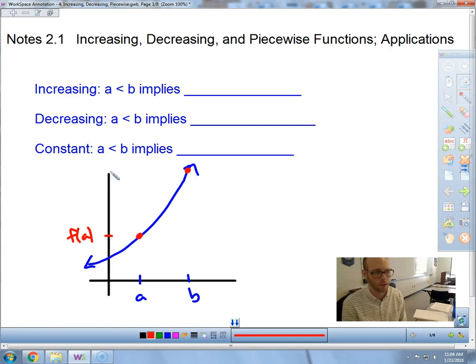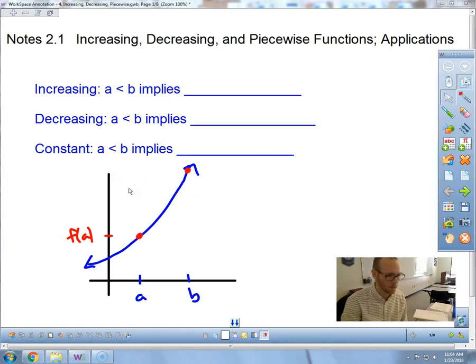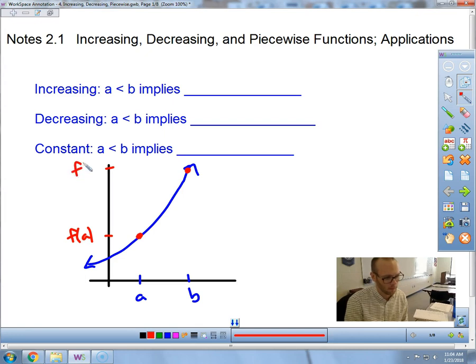Right up here, what's the y value there? I could extend this out maybe a little bit longer or slide this up. That's f of b. So here's an x value of a, the y value is f of a. X value of b, y value f of b.